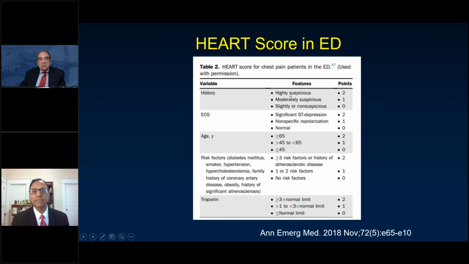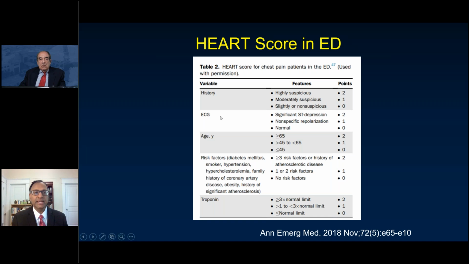The last piece of information you need to know before we go into this is the HEART score. This is a risk score that is used for patients presenting with acute chest pain and suspected acute coronary syndrome, not with a final diagnosis of STEMI or NSTEMI that present to the ED. Each letter in HEART stands for one of the 5 major components.